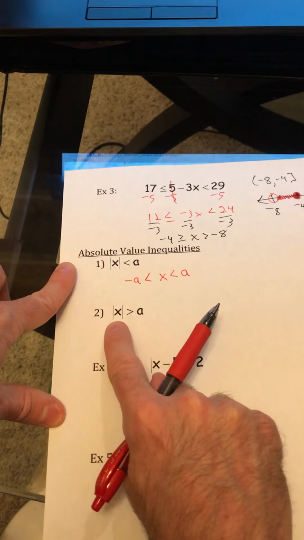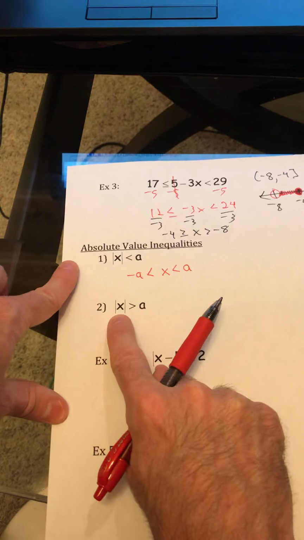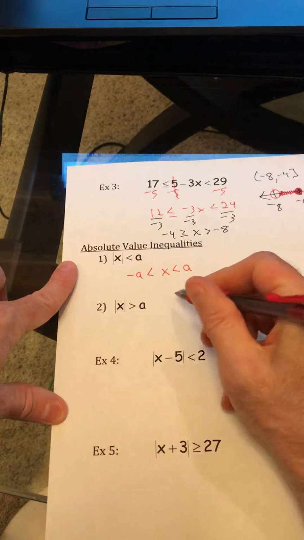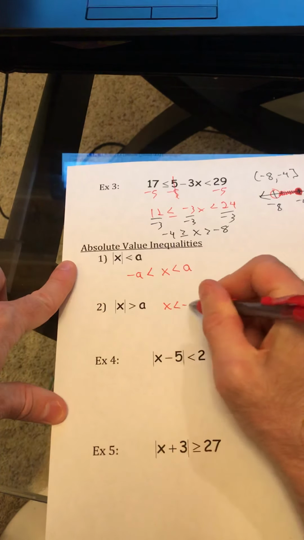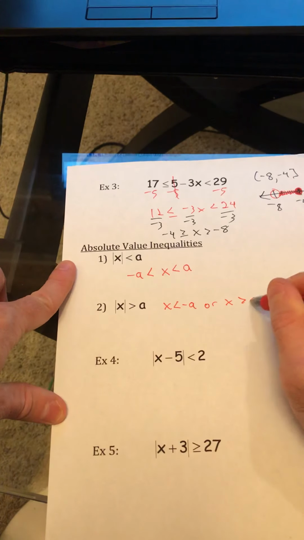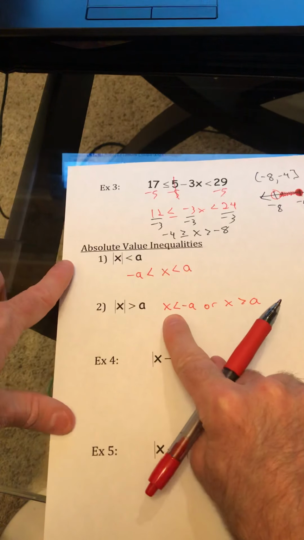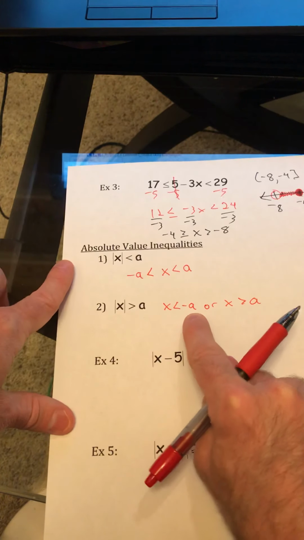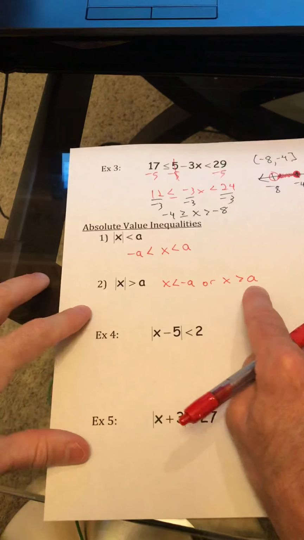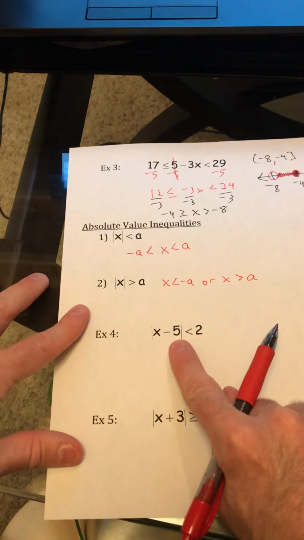If you have an absolute value inequality that is greater than to start, you are going to have two separate inequalities: x is less than negative a or x is greater than a, which as we do a couple examples, you'll even see how that works.